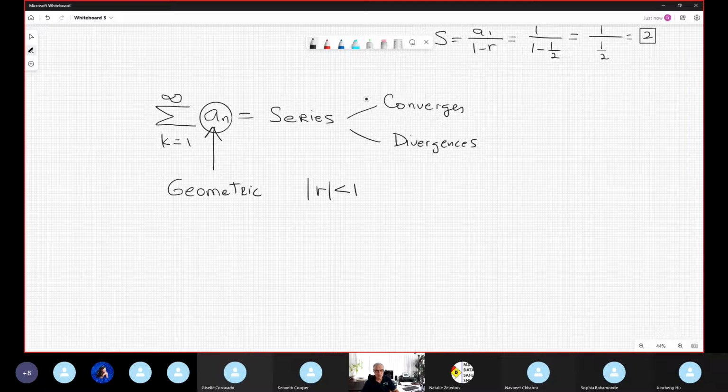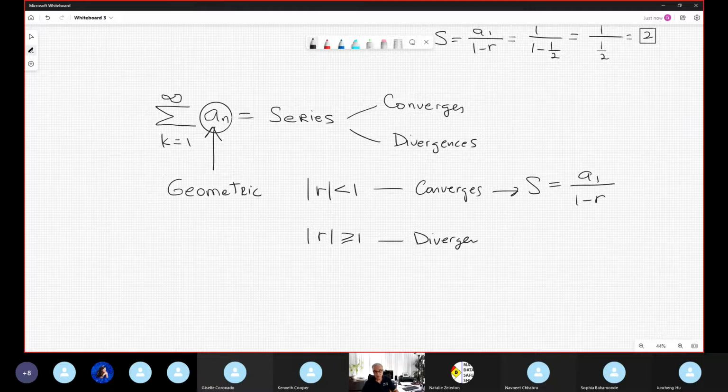Because it could be positive or negative, it's the same), now the series is convergent, and convergent to that value: S equals A1 divided by 1 minus r. Otherwise, if the common ratio is greater than or equal to 1, it absolutely diverges.